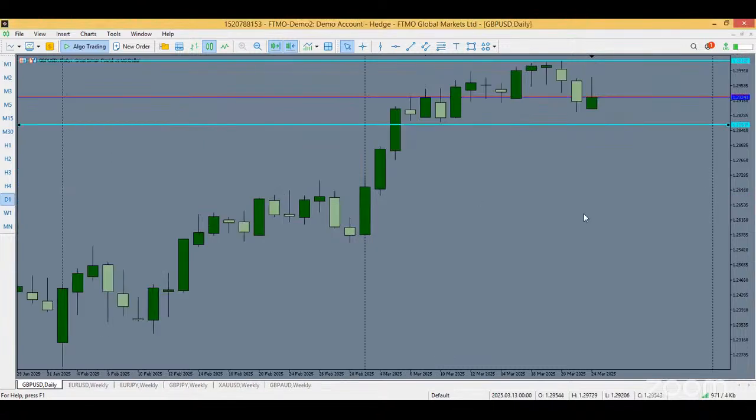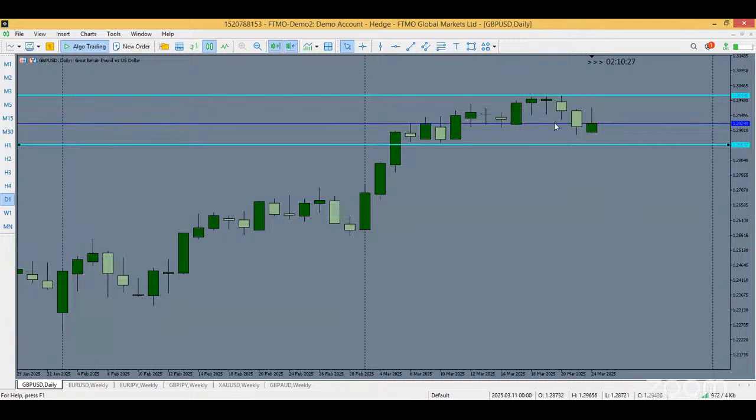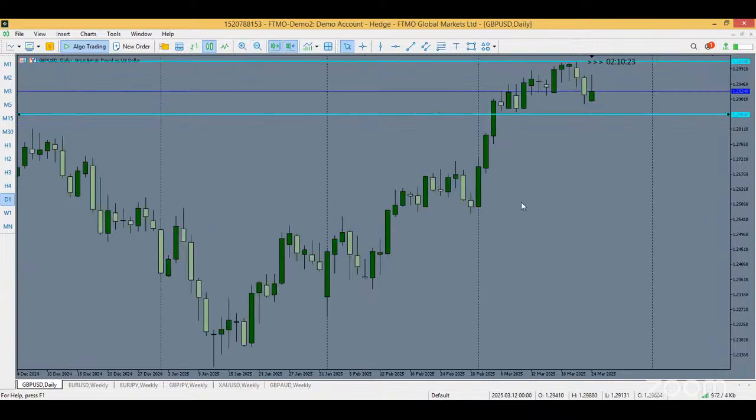So we go to the daily. Right now on the daily, what can we see? We see a similar thing happening. If I squash that in a bit more, you see price pushing up, pushing down, another break there.